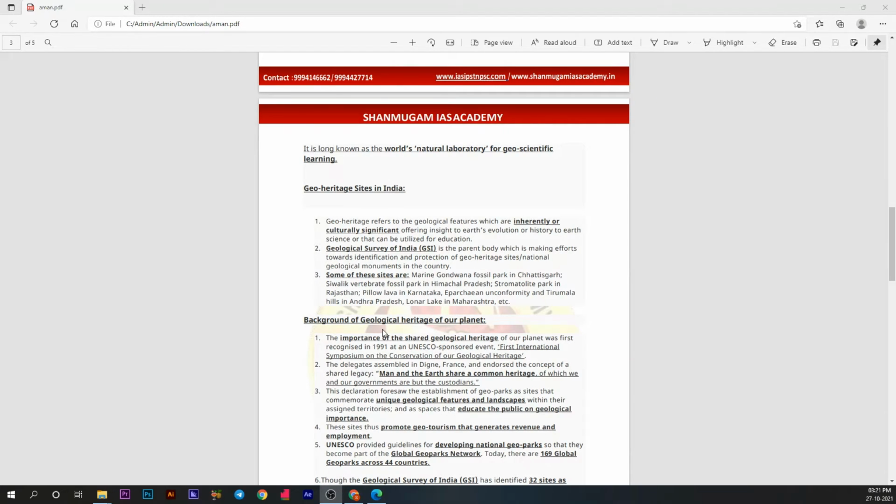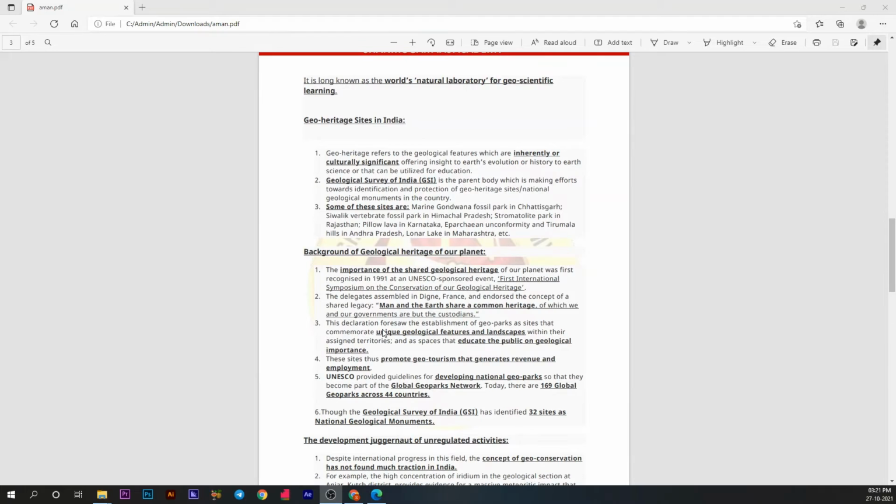What is the background for this? The importance of the geological heritage of our planet was recognized in 1991. You have to know this background while you are reading and while you are writing, for both prelims and mains. It was recognized in 1991 at a UNESCO sponsored event, the first international symposium on the conservation of our geological heritage.